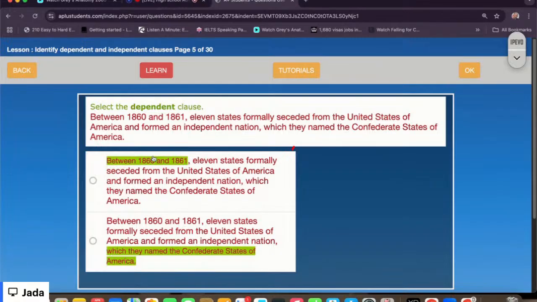Between 1860 and 1861, 11 states formally seceded from the United States of America and formed an independent nation, which they named the Confederate States of America. First or second dependent clause?